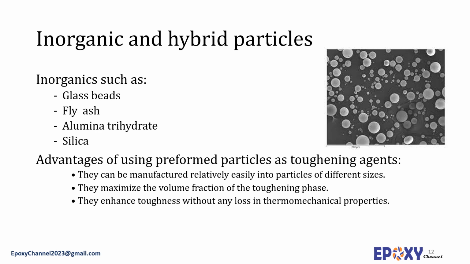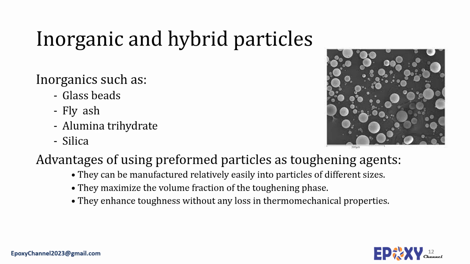There are several advantages from using preformed particles as toughening agents. 1. They can be manufactured relatively easily into particles of different sizes. 2. They maximize the volume fraction of the toughening phase. And 3. They enhance toughness without any loss in thermomechanical properties.